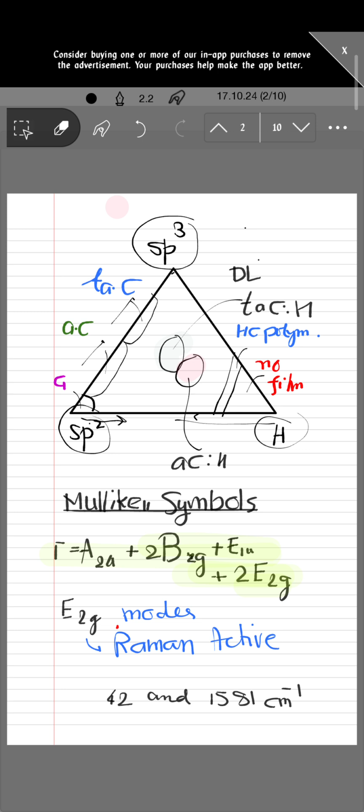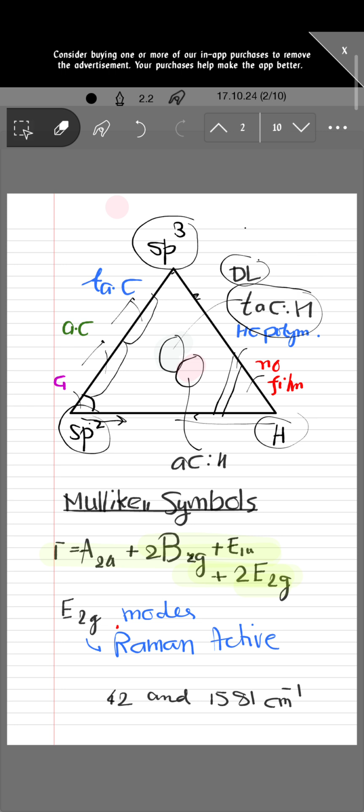So in this place, you can see that although there is carbon, there is diamond, it has some hydrogen incorporation, so it forms hydrogenated tetrahedral amorphous carbon.